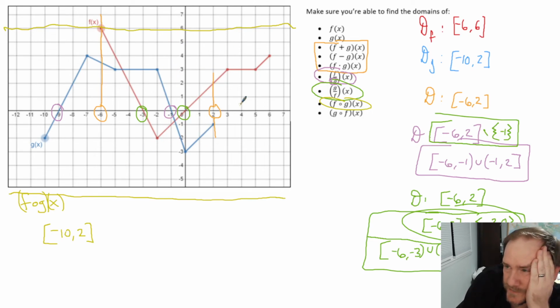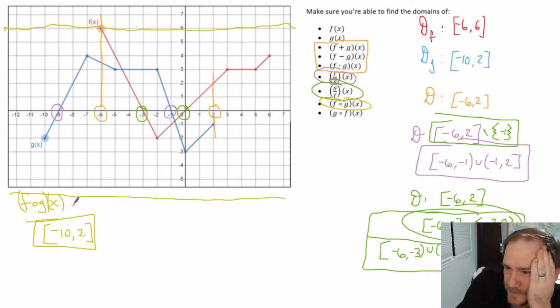So this is a good way to visualize this too: none of the outputs of G go below the minimum value for F, and none of them go above the maximum value for F. So this is another problem where we don't need any more restrictions.